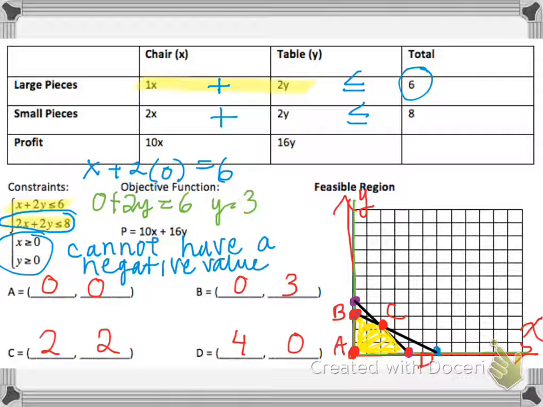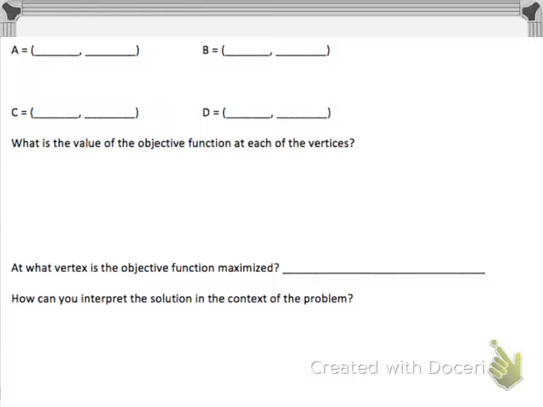Now that I've identified my vertices, I'm going to be able to plug into my objective function to maximize the profit. So just rewriting our vertices, we had 0, 0, 0, 3, 2, 2, and 4, 0.